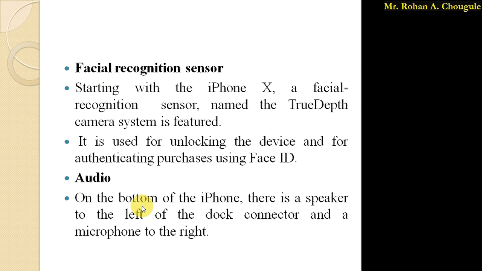Then the facial recognition sensor. Starting from the iPhone X, a facial recognition sensor named the True Depth Camera system is featured. As I said, from the iPhone 5s onwards we get the fingerprint sensor, but after iPhone X that fingerprint sensor is not there, except on the iPhone SE second generation.